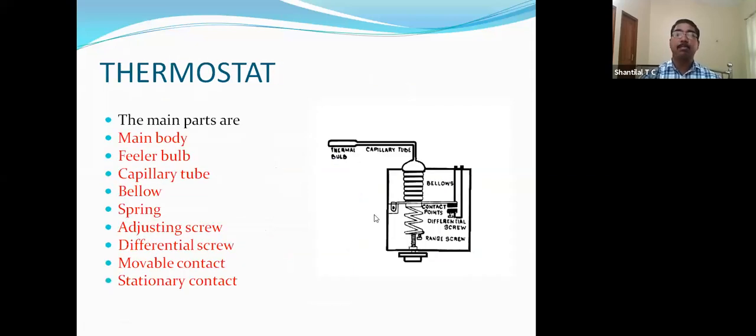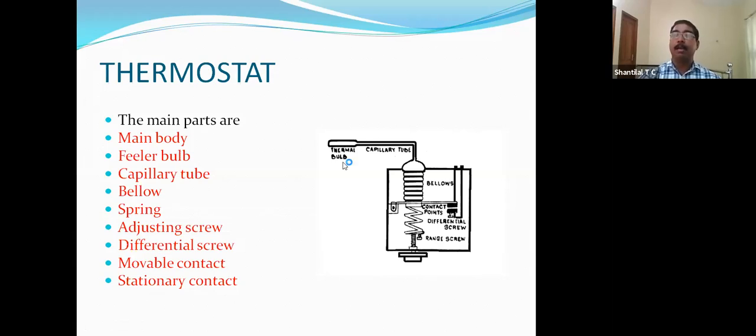The thermostat consists of an outer main body, then this part known as the thermal bulb or feeler bulb, then a flexible capillary tube, and this is the bellow. This system of thermal bulb, capillary tube, and bellow contains a volatile substance, meaning the same refrigerant used in the system.